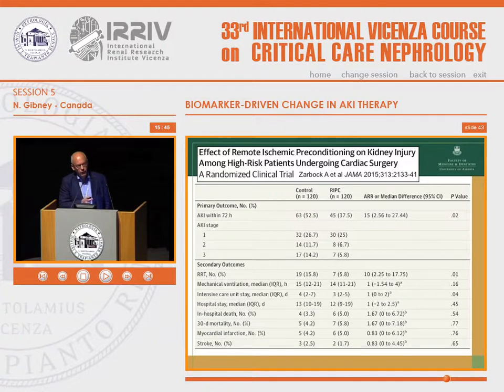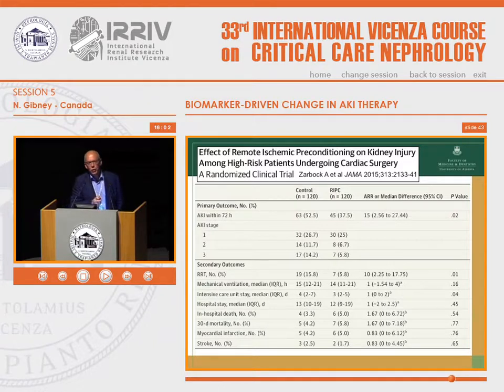And then just very briefly for the future, I apologize to John because I suspect he's going to talk a little bit more about this. It's the concept that there are things we're going to be able to do with our novel biomarkers to prevent acute kidney injury.